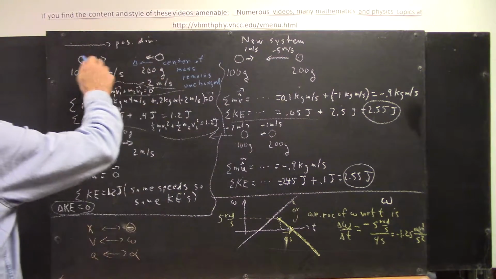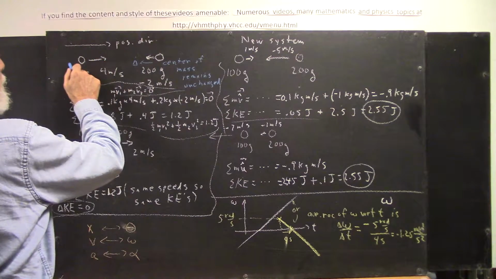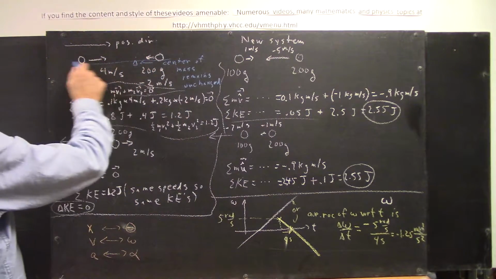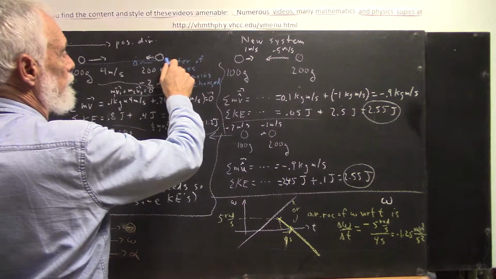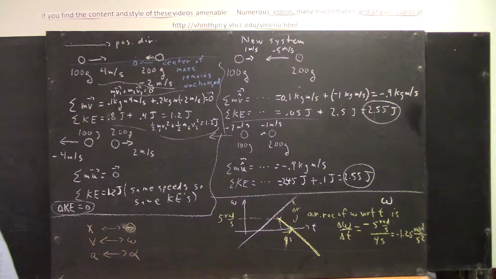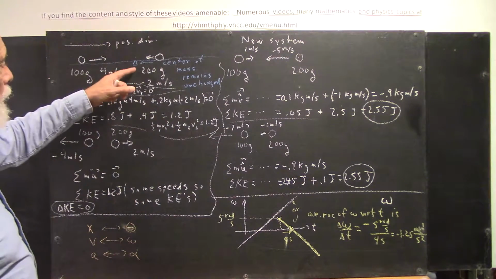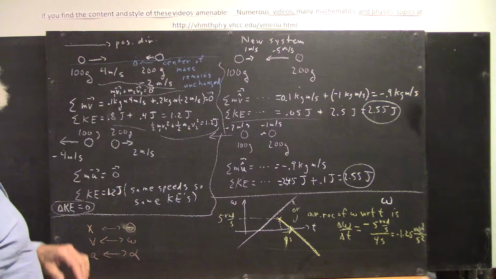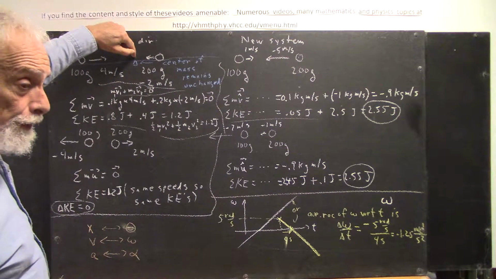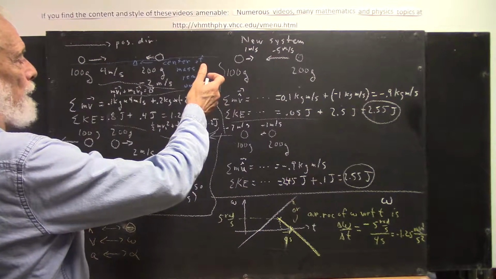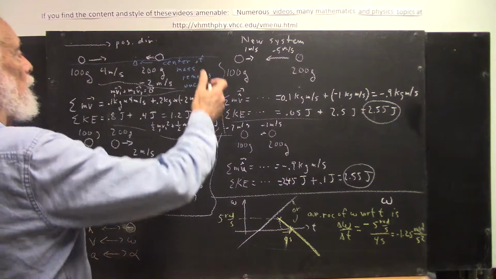If we had these two objects at the positions they're currently at, balanced on a light meter stick or something, a light support balanced at a certain point, then depending on where this point is, the system might tend to tip the balance this way or this way.